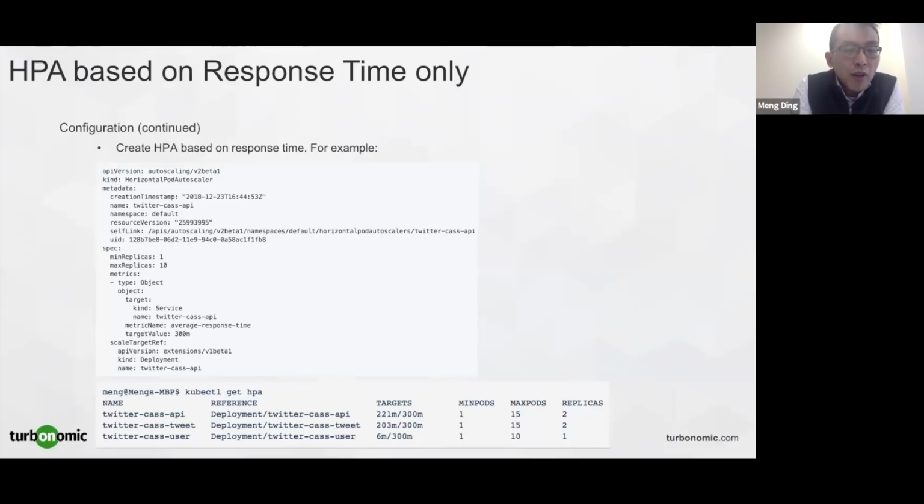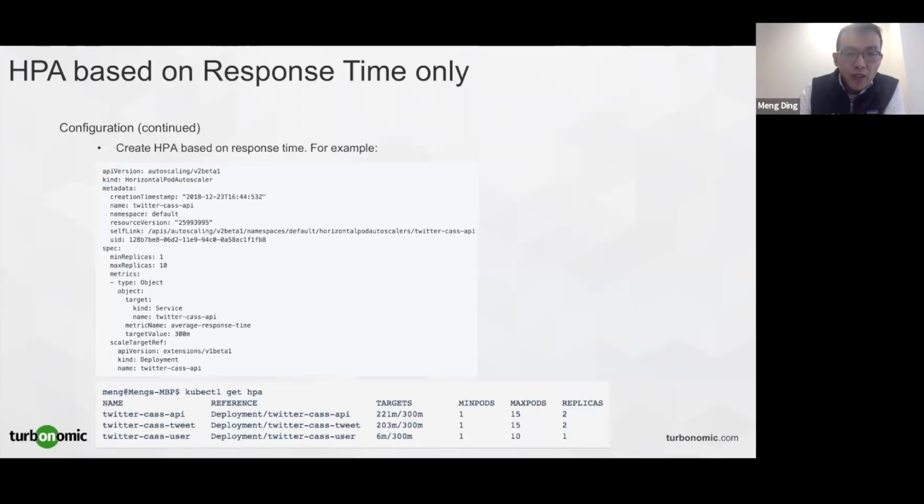As you can see from the configuration file that we are going through, we specify the object type and we specify our average response time, which is collected by the Prometheus adapter. We in fact did not know what max number of replicas to set initially, and apparently we did a lot of tuning and experimentation.